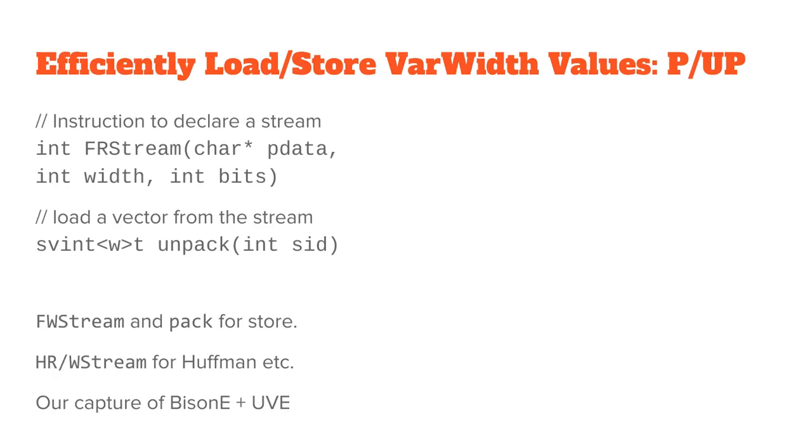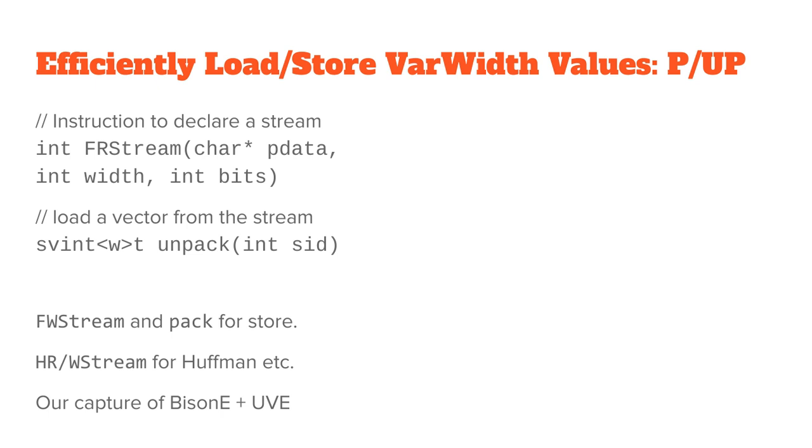First, PUP. To provide support for efficient load and store of variable width values, we design two kinds of instructions. One is to declare a stream via data pointer, stream description, and total number of bits. The exemplar intrinsic shown here is for bit-packed streams, specifying the width for each value.